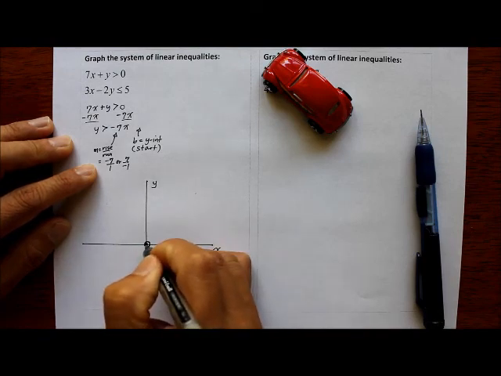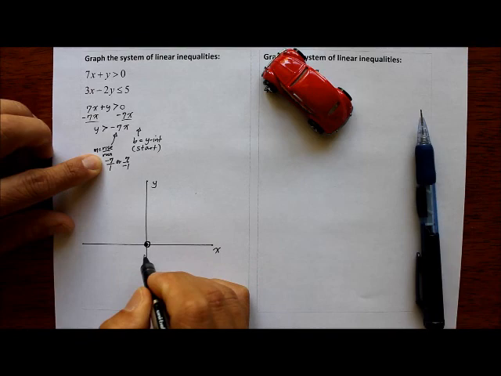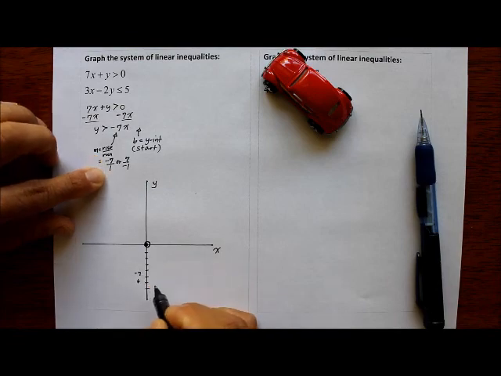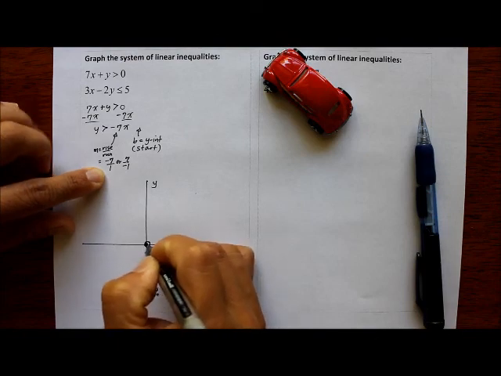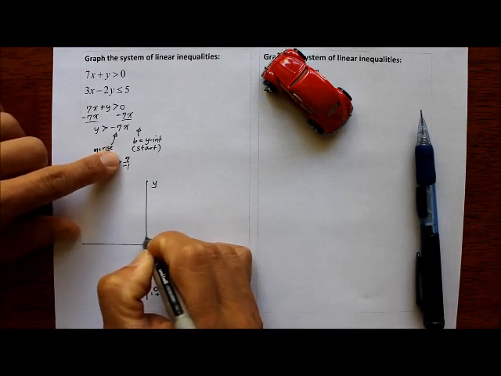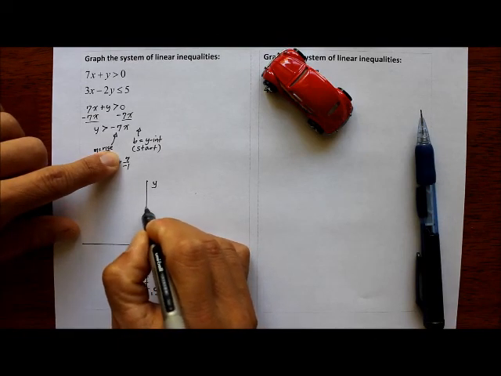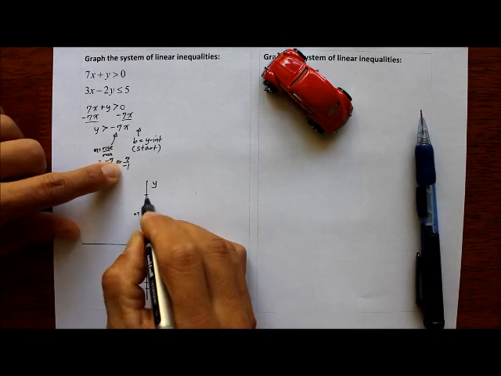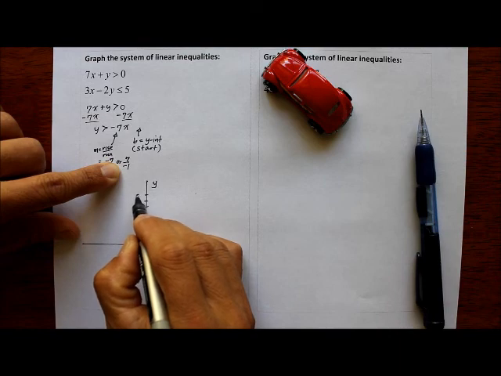So from the starting point, you could rise negative 7, meaning go down 1, 2, 3, 4, 5, 6, 7, 7 down, and then over 1 to the right. And then I would make my open circle 1 to the right. Or from the starting point, I could go up 7 spaces, 1, 2, 3, 4, 5, 6, 7, plus 7, and then go left 1 space, 1 this way.